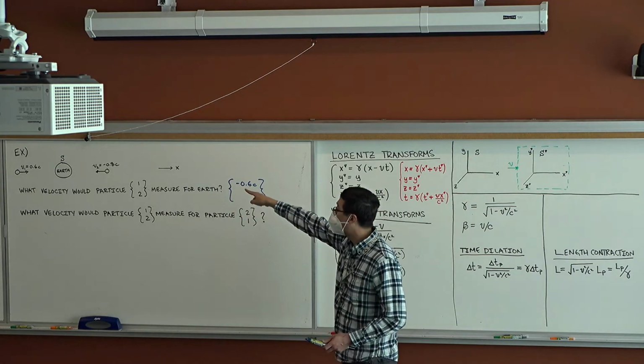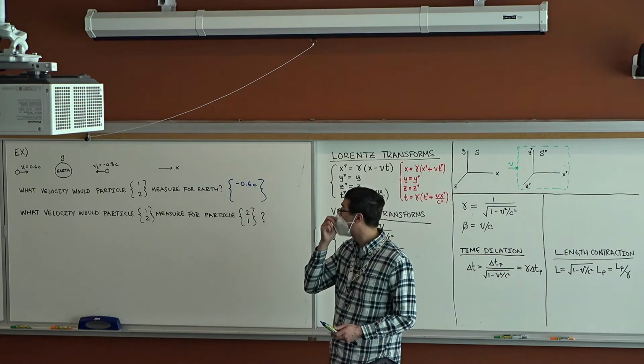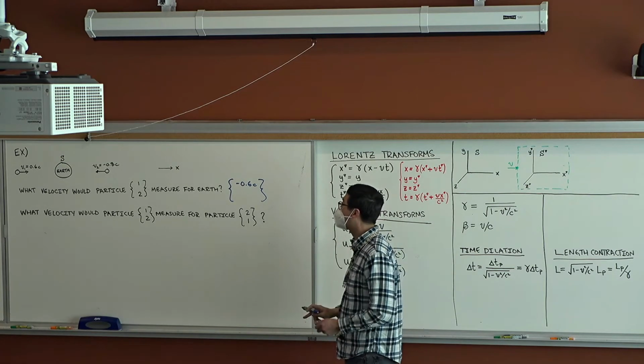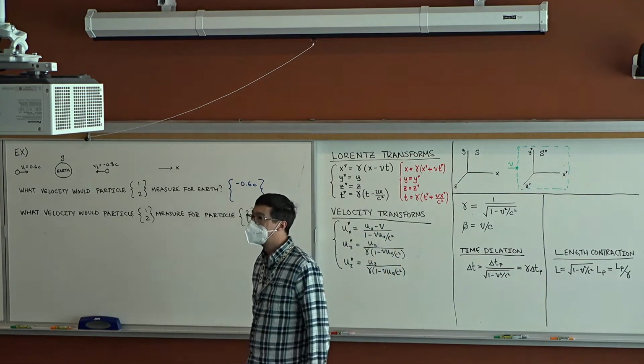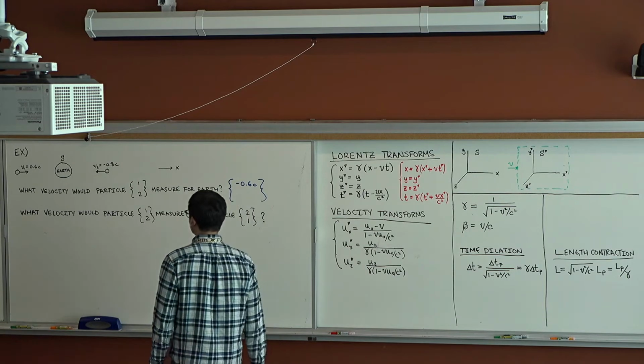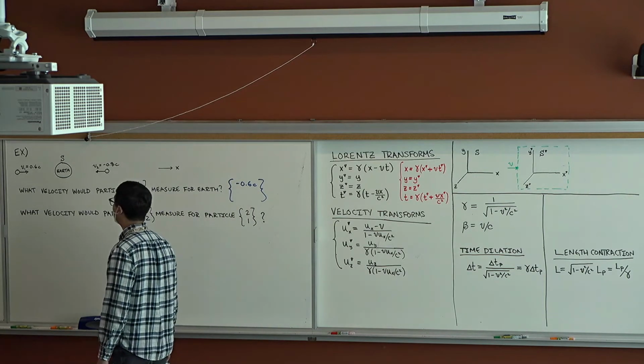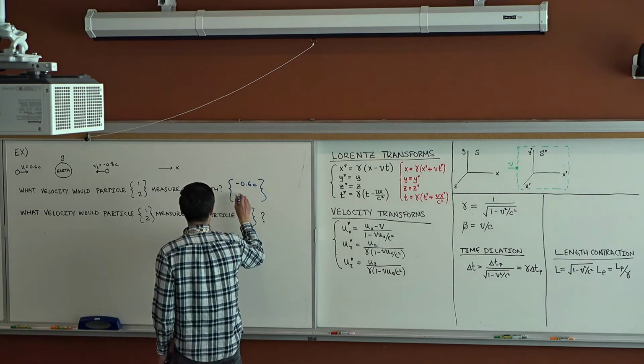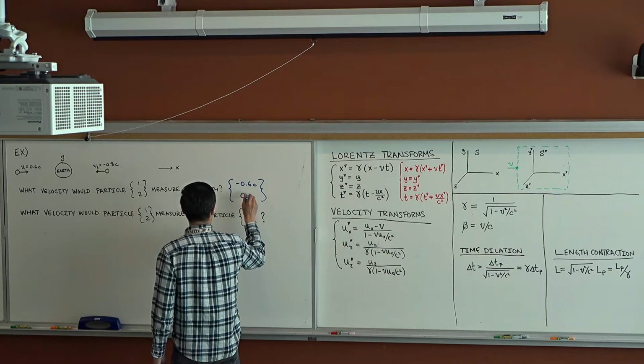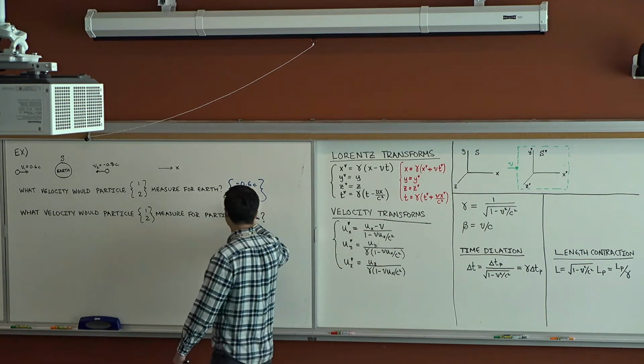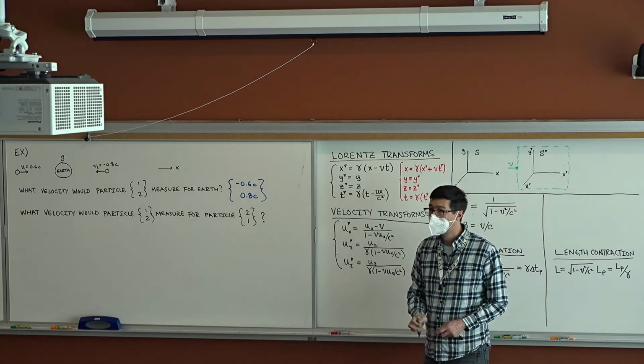What is particle 2 going to say about Earth? It's moving at plus 0.8 c. That makes sense.